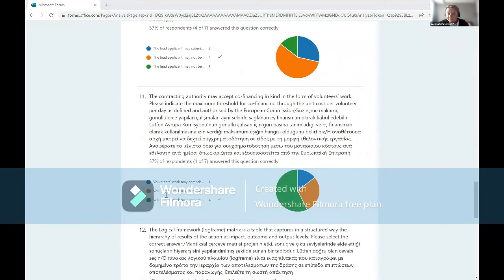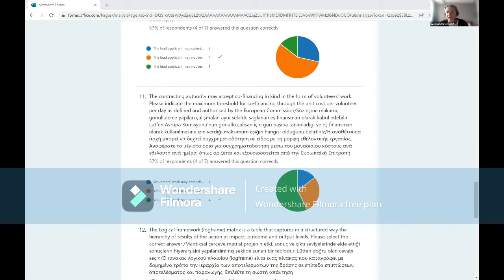Co-financing in kind for the volunteers. I also see that this still confuses you a little bit. It's allowed, it's possible to plan co-financing in the form of volunteer work. This is not financial co-financing, it's human work, which is valorized. And for Cyprus currently, that valorization is 78 euros a day.